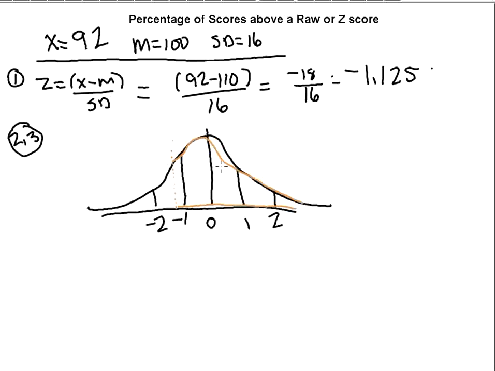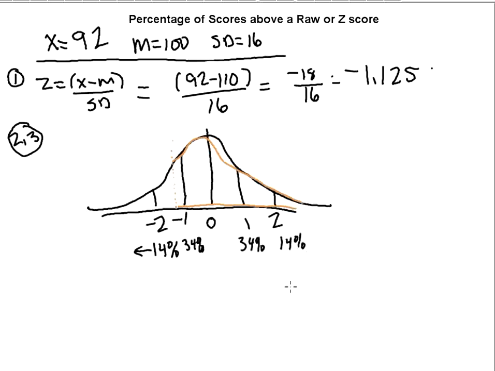We still rely on a normal curve table, but in order to estimate where we're going to be, we have to go back to what we know about how z-scores are distributed in the normal curve. We know that 14% are lower, then 34%, and on the other side 34%, and then 14%.